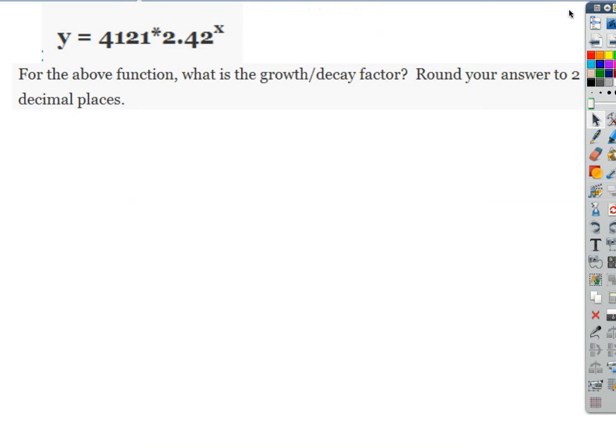Okay, so this is exponential growth. Now, we haven't talked about this at all, and we're just going to get a really brief introduction to it. We'll talk a lot more about it next year.